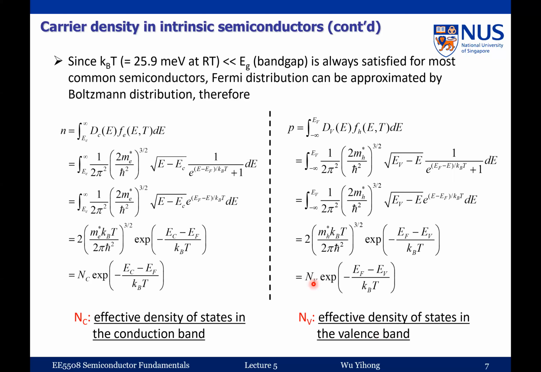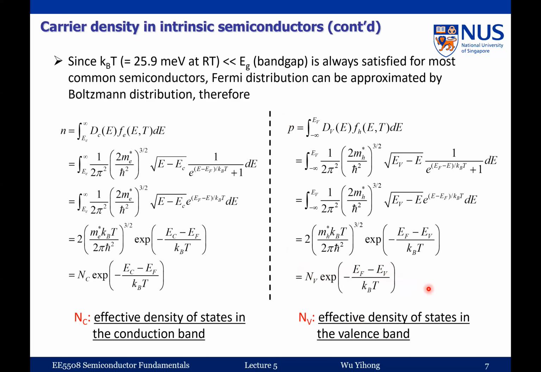So that means that when EF is approaching EV, your hole concentration is equal to this one, right? When EF is above EV, this whole factor will be smaller than 1, which means the carrier concentration is smaller than this. When EF is below EV, the factor will be larger than 1, and then the hole concentration will be larger than this, right?